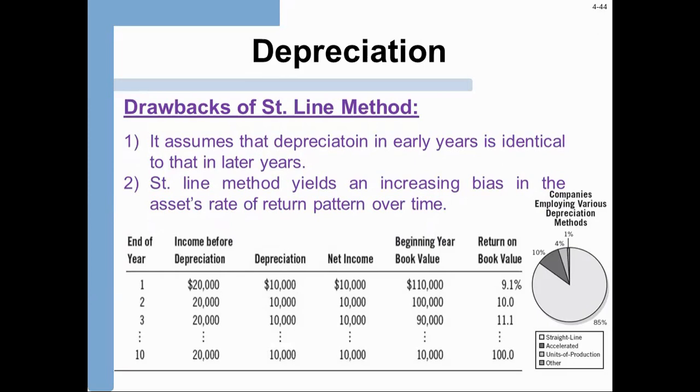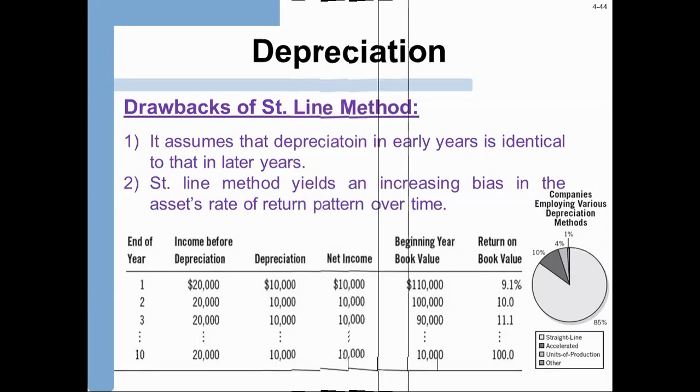Second drawback of the straight line method is that it yields an increasing bias in the asset rate of return pattern over time, which means that the asset which we are using is going to give us the same return in the first year and the last year, which is again actually not true, because most of the time the assets, when we buy them, give us more return, meaning they produce more as compared to the later years of their life. So these are some of the drawbacks of the straight line method.